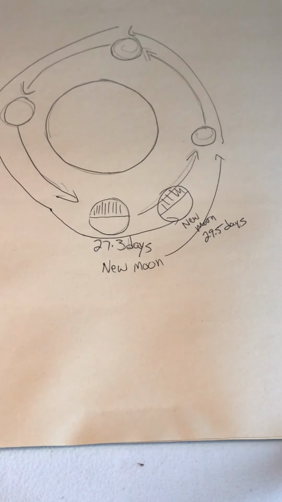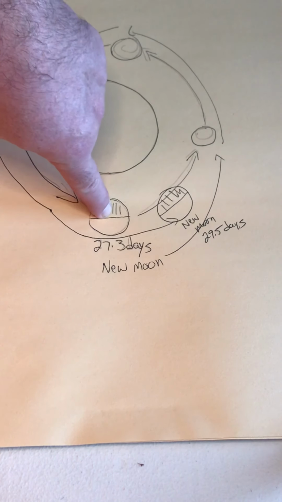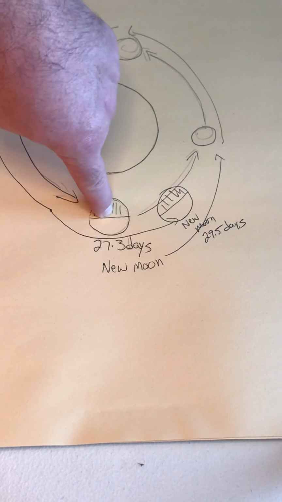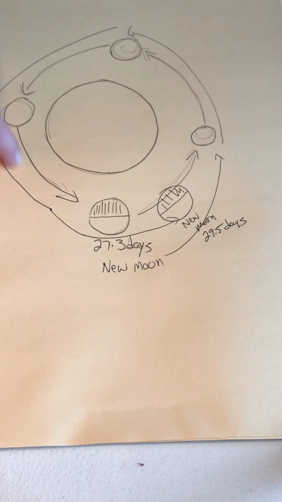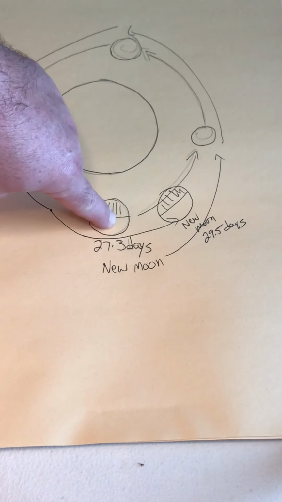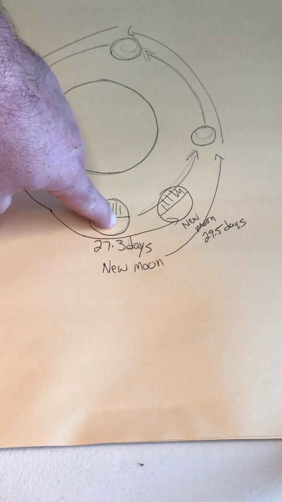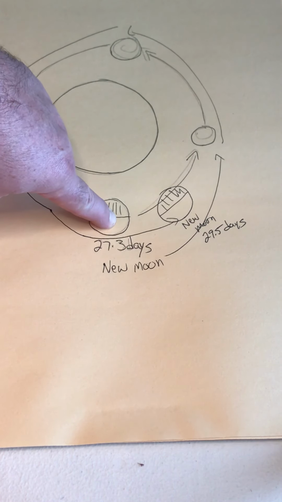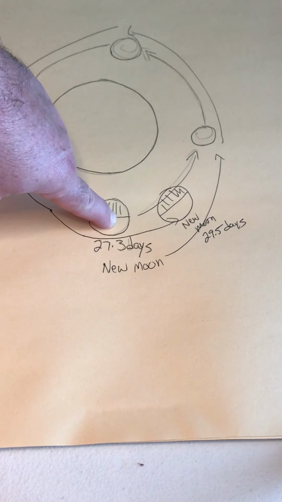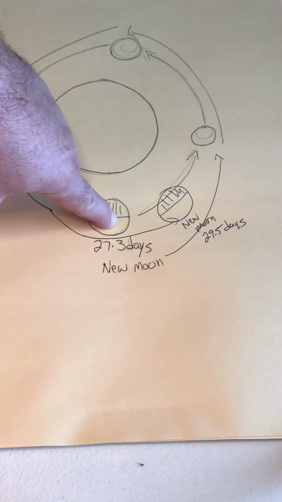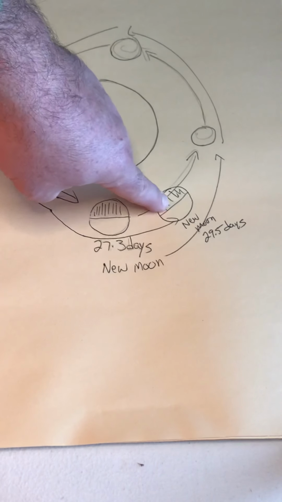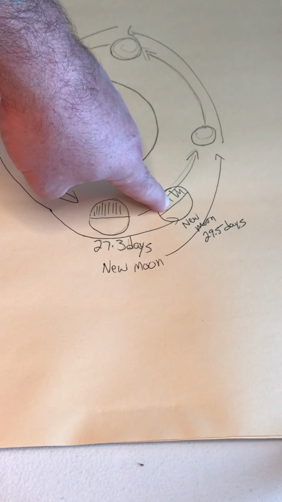So, again, the orbit, the revolution around the Earth, new moon starts here, comes around to here. At this point here, when it's gone all the way around the Earth to the starting point, it is still a waning crescent. Even though it's at the same exact spot where it started, 2 days later it will be a new moon at 29.5.